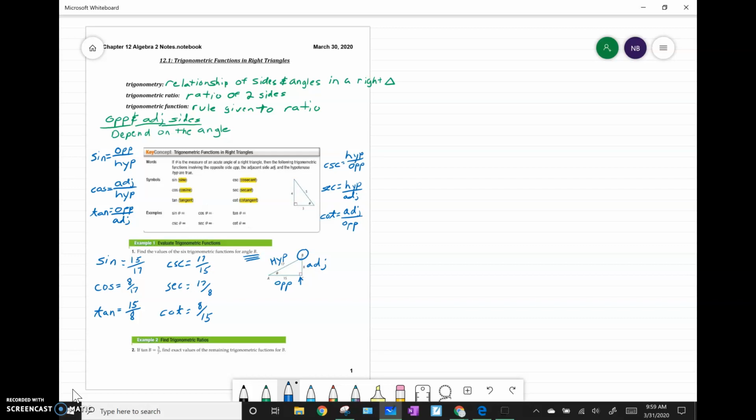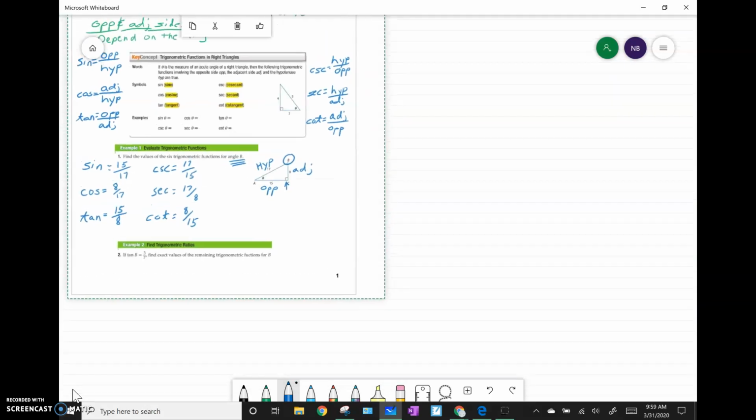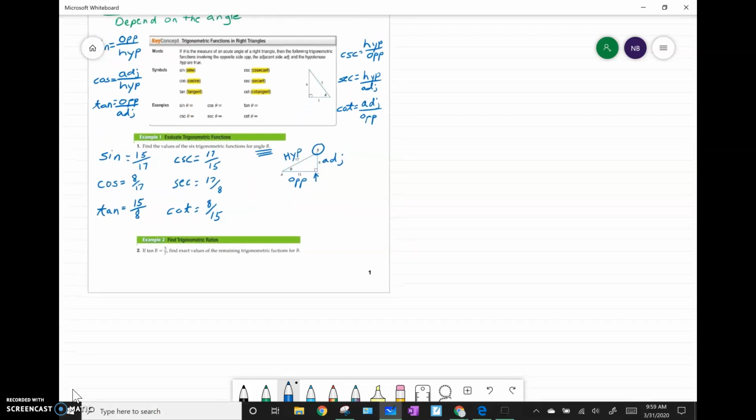All right, now it won't always be this easy where they have all 3 sides there. When you have all 3 sides, you can go ahead and put them all together. Now, if you look at example 2, I'm going to zoom in. Example 2 just gives you a ratio, and it's saying the tangent of angle B equals 3 over 7.